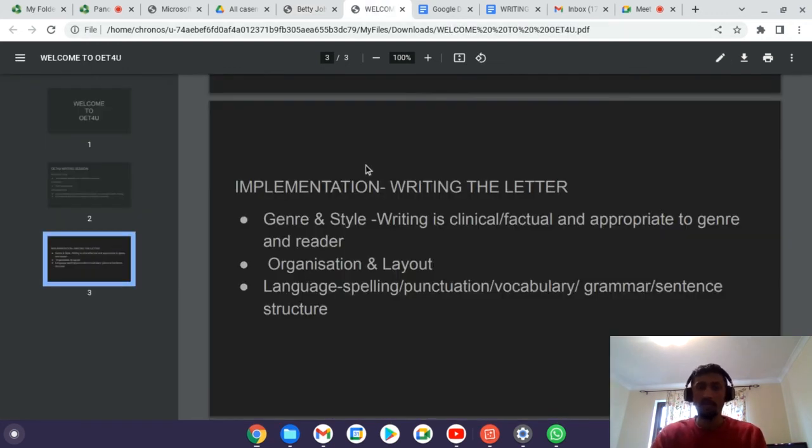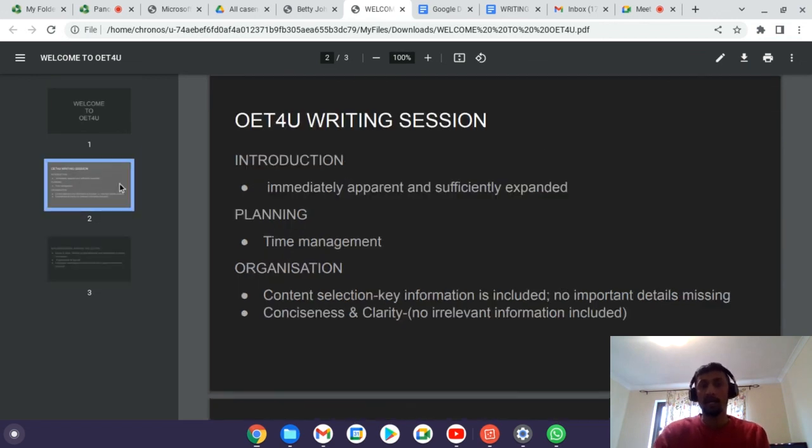Okay, so even language and spelling, the last thing I'm going to say: we didn't complete our time management yet. We can continue with that. So you read your letter in the first 5 minutes, then another 5 minutes you use your pencil again to mark and find out the content selection, the key information you are going to select.